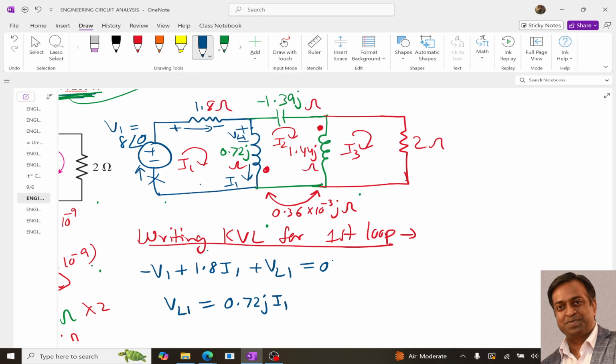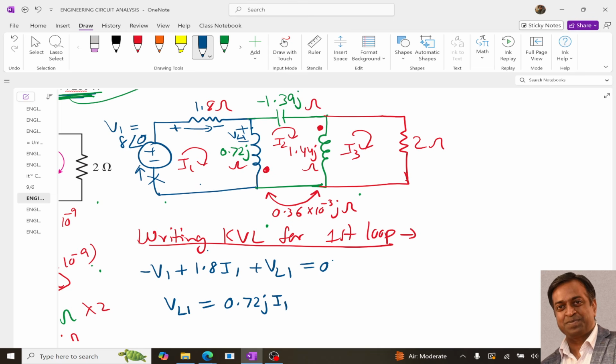And since the current is flowing from top to bottom, plus will be at the top, minus at the bottom, and it is aligned with the polarity of VL1, so we will take it as positive. Now coming to the second part, the mutual inductance.